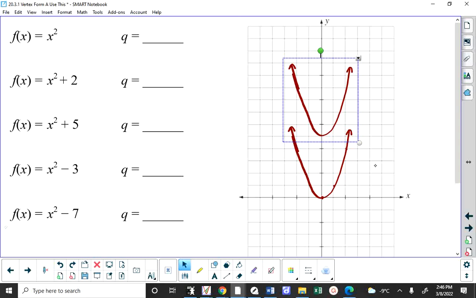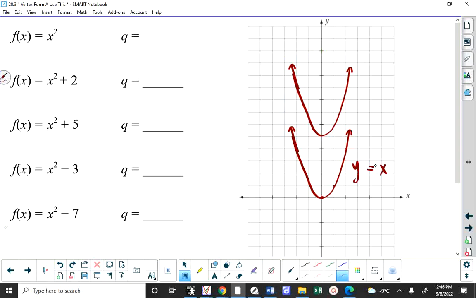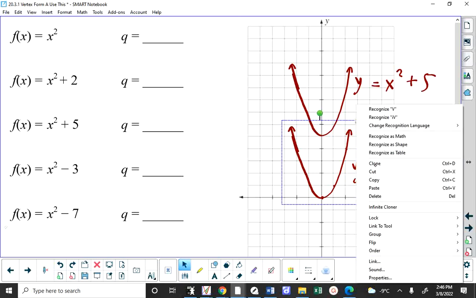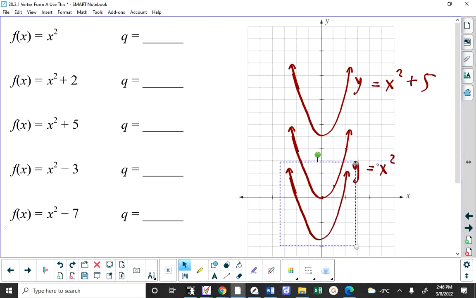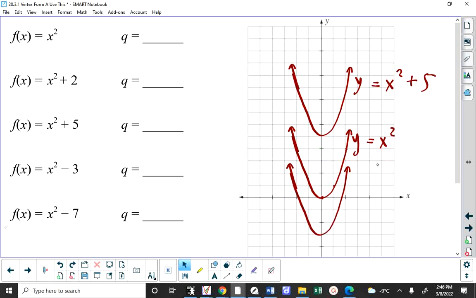Shifted 5 up. This is y equals x squared. This is y equals x squared plus 5. I'm going to do one more. Let's do the x squared minus 7. No, we'll do minus 3. This would be y equals x squared minus 3. Pretty straightforward.